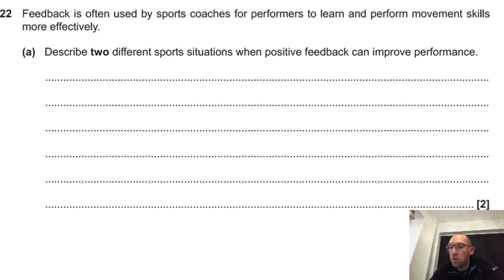Those who scored few, if any, either did not use a practical example or did not give an example of positive feedback in the answer. So the best people gave 2 different sporting examples with 2 different types of feedback.